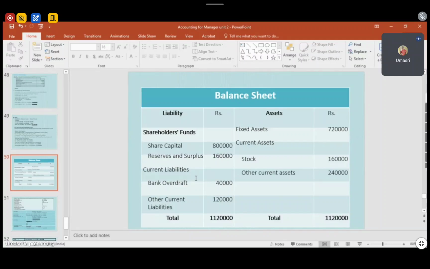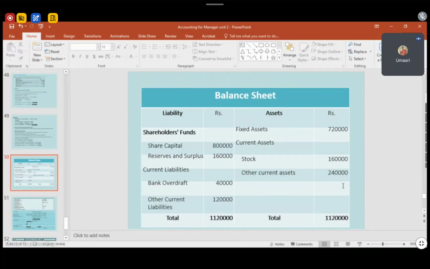Under current liability, bank overdraft is given as 40,000. The total current liability we have calculated is 1,60,000. So 40,000 is bank overdraft, and the remaining other current liability is 1,20,000. Fixed assets we have calculated as 7,20,000.